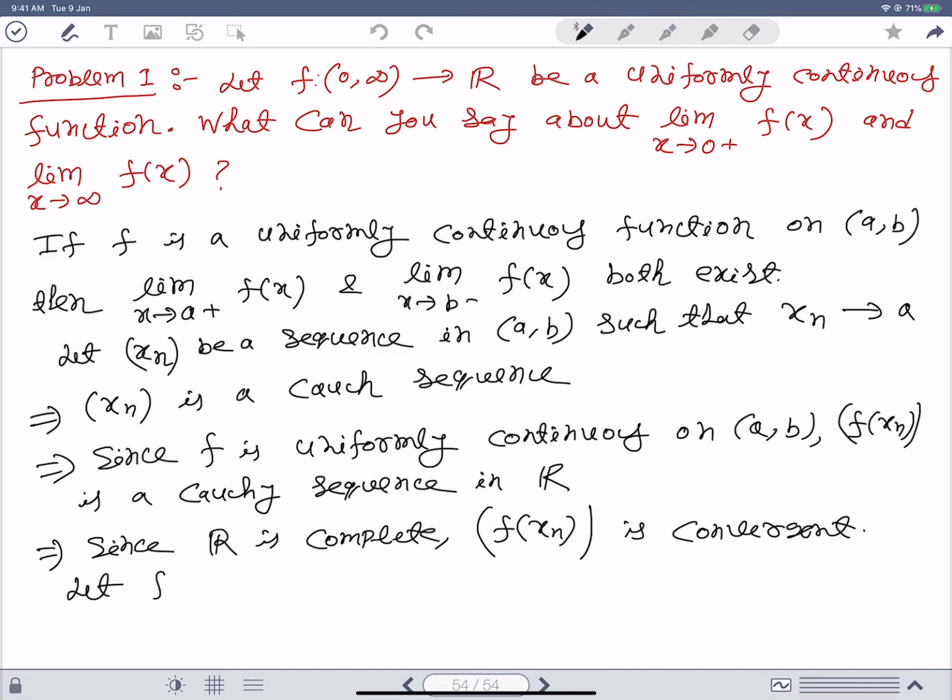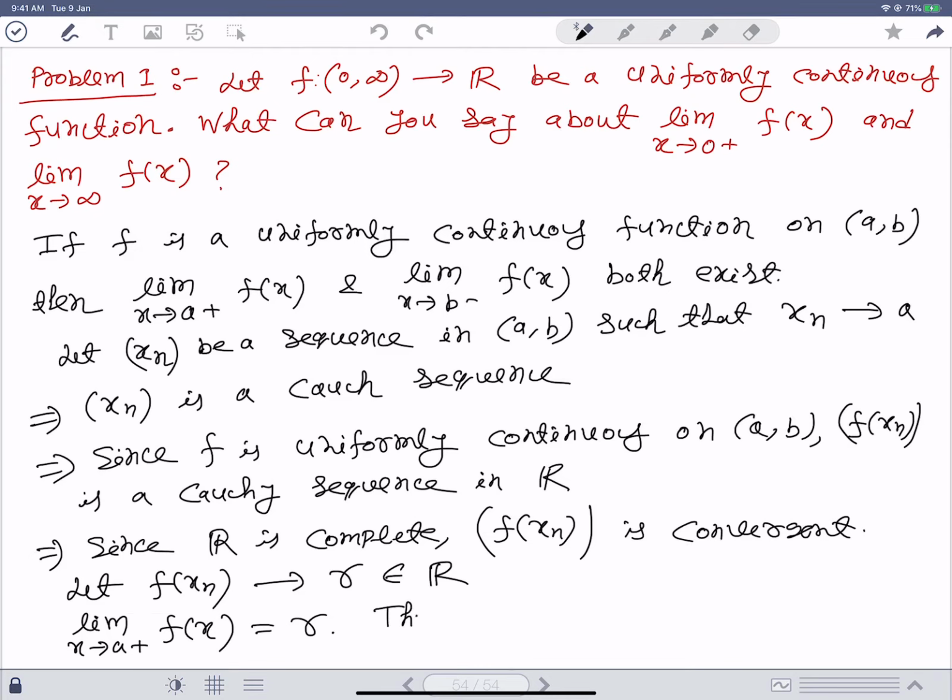So let f(xn) converge to r. Since the sequence xn is an arbitrary sequence in the open interval (a, b) converging to a, therefore the limit as x tends to a plus of f(x) will be r.